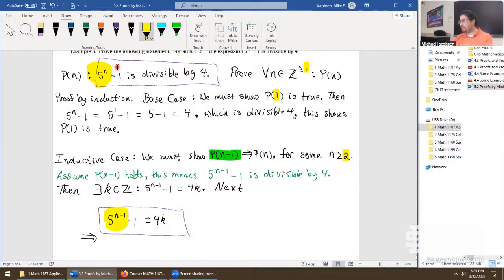Now in the equation down below, I need to do something legal algebraically to both sides of the equation to force that spot by the red dot to be exactly 5^n. Anyone see what we must do? Do you multiply by 5? Good call, Corbin. That's the major idea on this one.